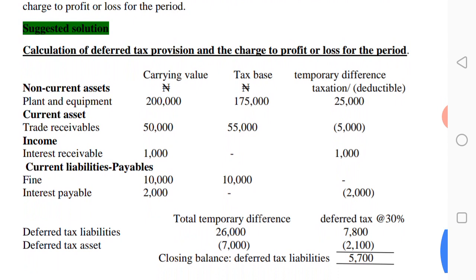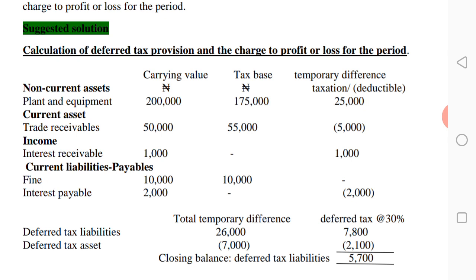Now for the current asset, we are told that the carrying amount given to us is 50,000. But the tax base is what? It is not 50,000. The tax base is 55,000. How do you get 55,000? We have to add back, because the amount of trade receivables is 55,000. They did not deduct a doubtful debt provision.